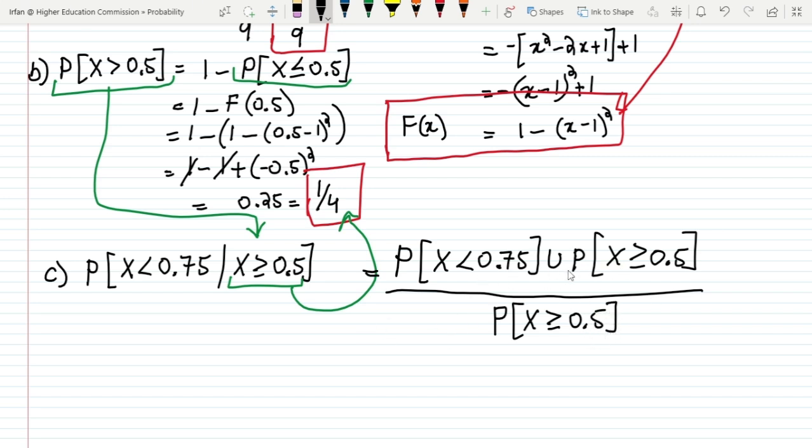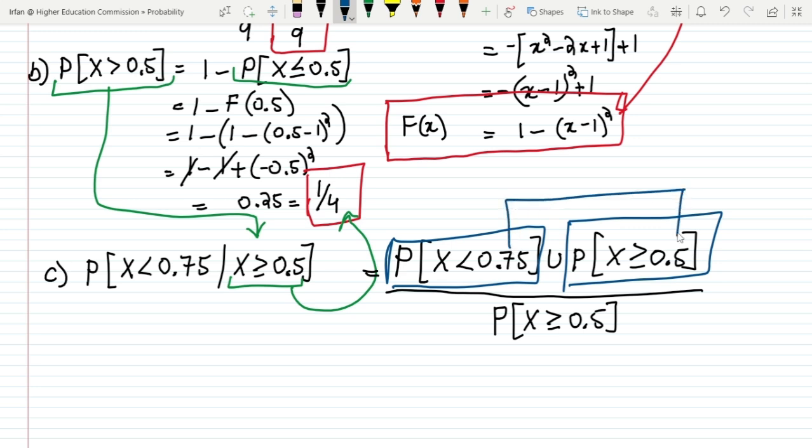If you have put them together, that is basically the union. So what is meant by union? Union means it has been combining these two ranges. Okay, so this range and this range have been combined, and these ranges are from 0.5 to 0.75.